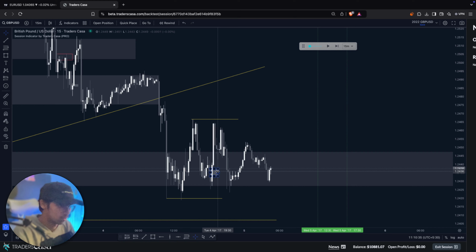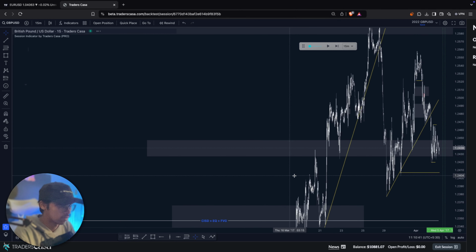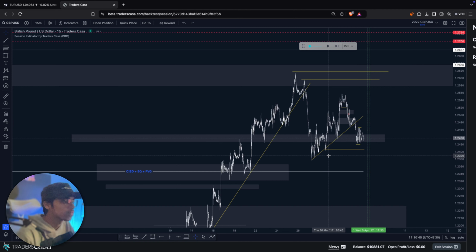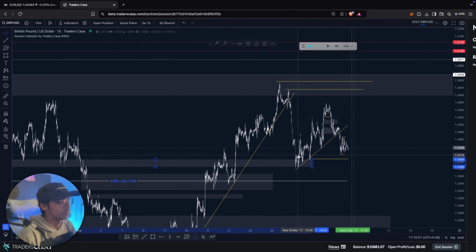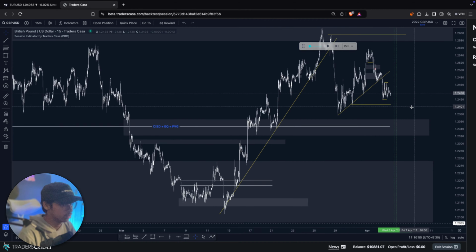Just delete these unnecessary drawings. Why have I even drawn this fair value gap? This is of no use, let's take it out. This is of some use, keep it here.